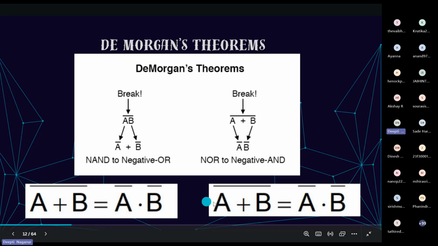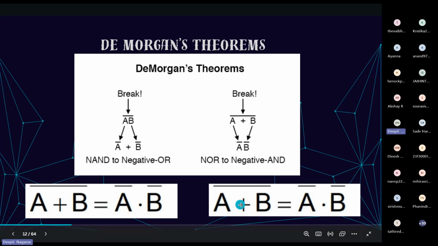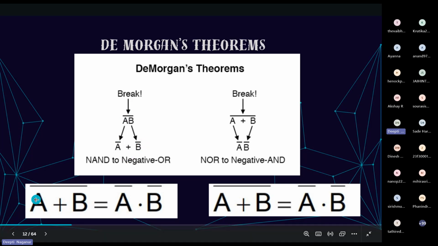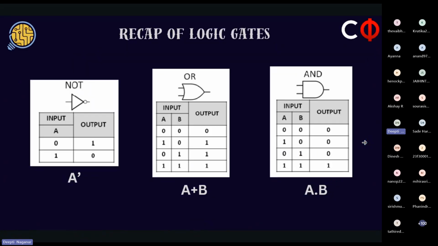Similarly, this is the second De Morgan theorem, which should have been here, but I did some mistake here. So AB prime will give me A prime plus B prime. Okay, and A plus B whole prime will give me A prime dot B prime. This is the basic De Morgan's theorem, and this is useful. We will be using it in the upcoming slides.